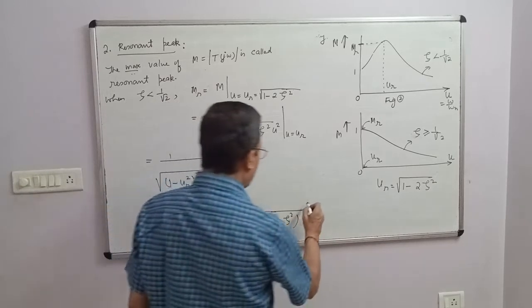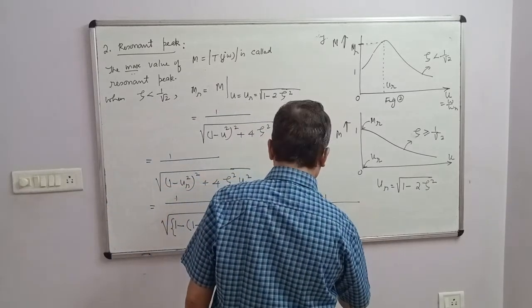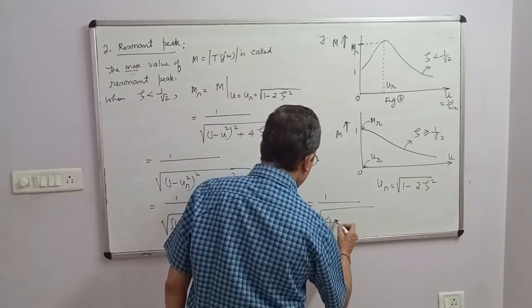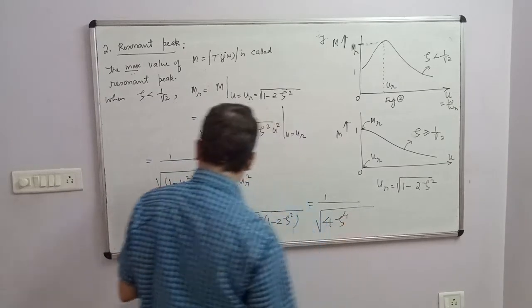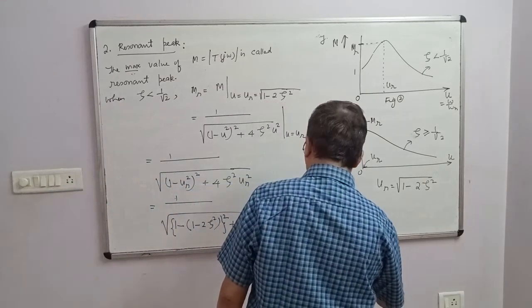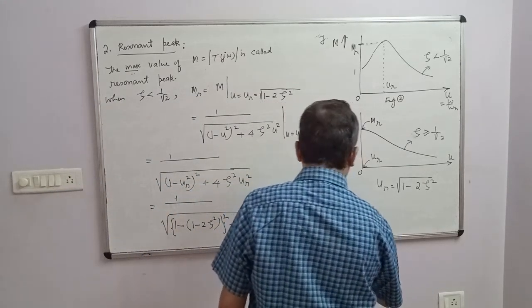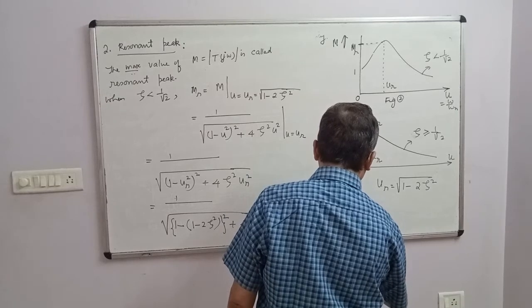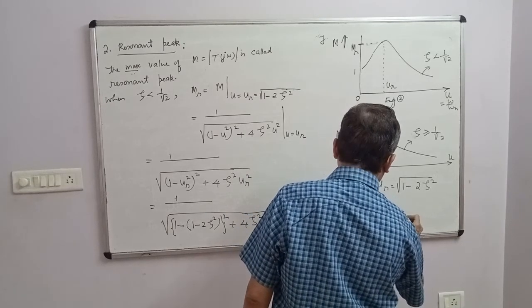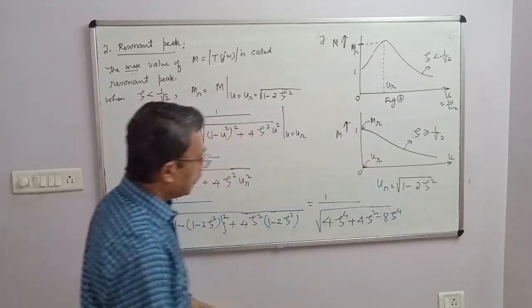So this is nothing but 1 over square root of 4 times zeta to the power 4, 1 gets cancelled, plus 4 times zeta square minus 8 times zeta to the power 4.